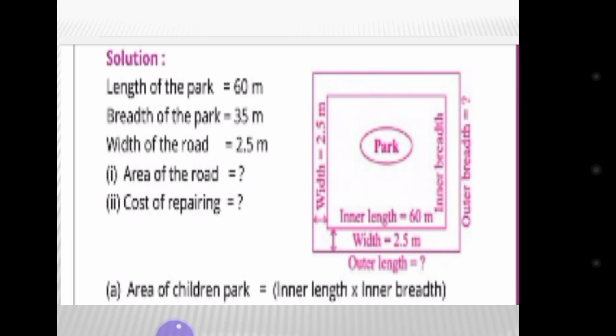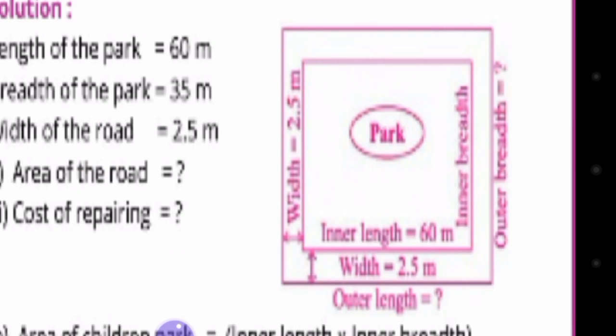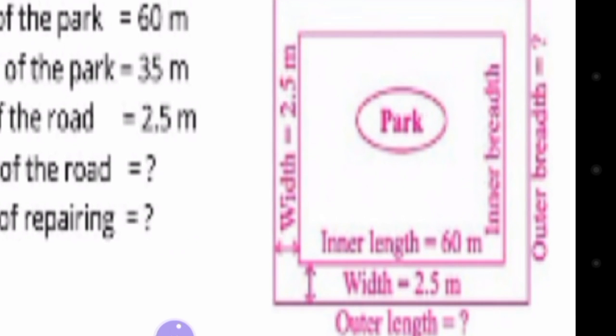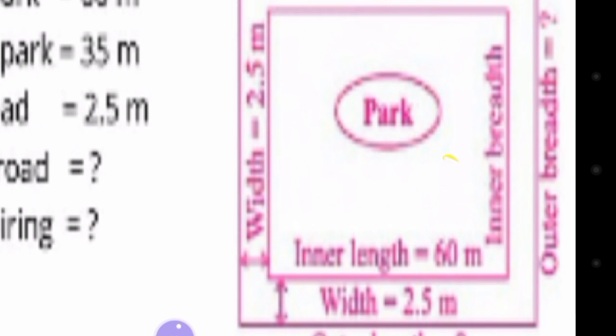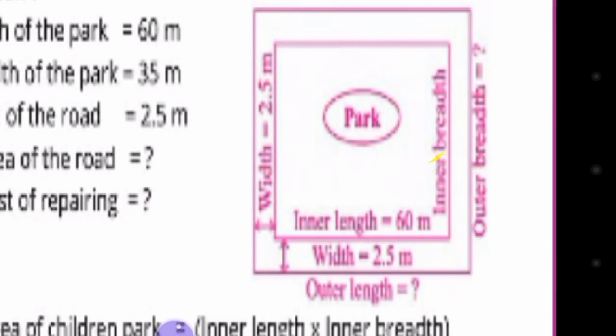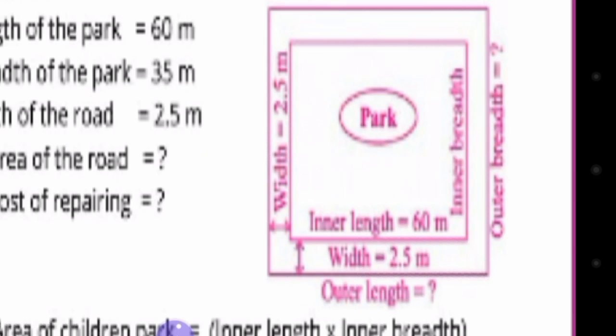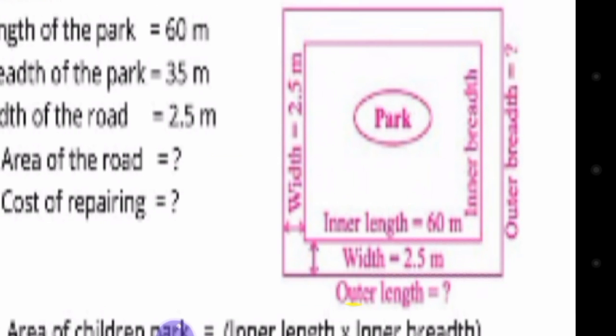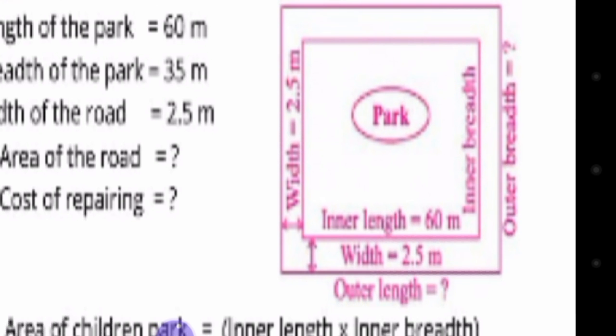We draw the rectangle. This is its inner length, that is 60 meters, and inner breadth, that is 35 meters. And the arrow shows the width of the road, that is 2.5 meters on both sides.